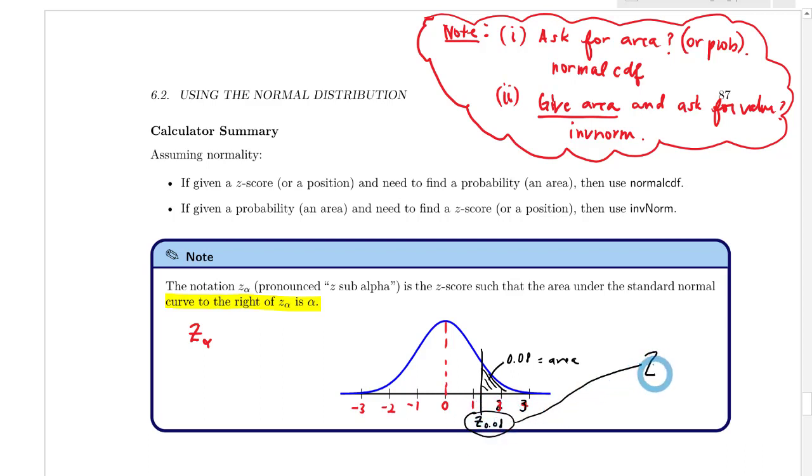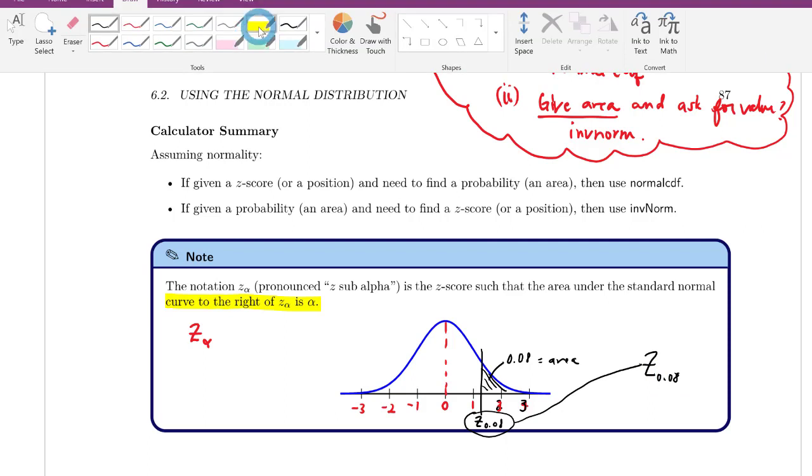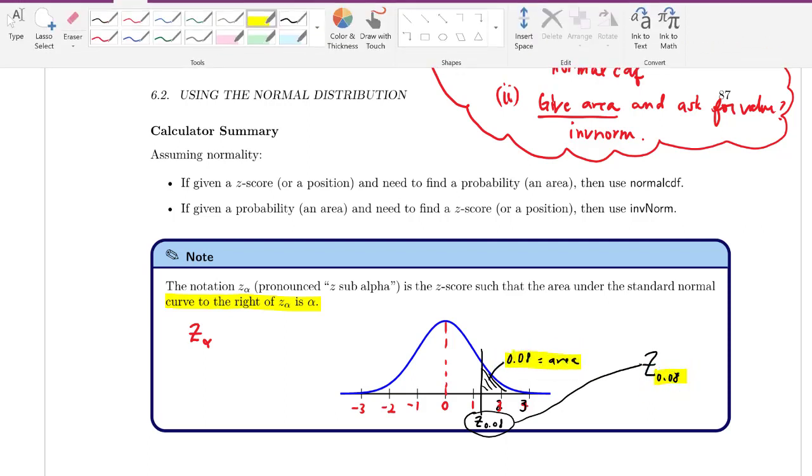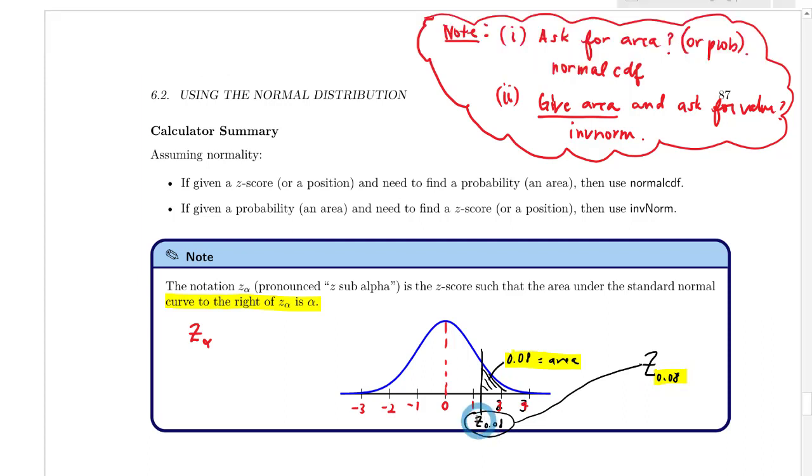So we would have the z and the sub alpha would be the area 0.08. So notice that the area to the right is this subscript. And the z-score represents the standardized value from the distribution. And we use this a lot. It's very helpful, but we just want to touch base and introduce to you now what the alpha represents.